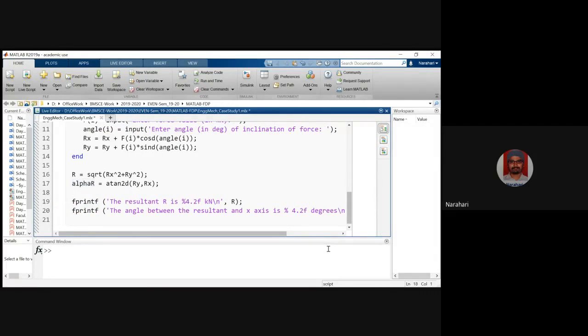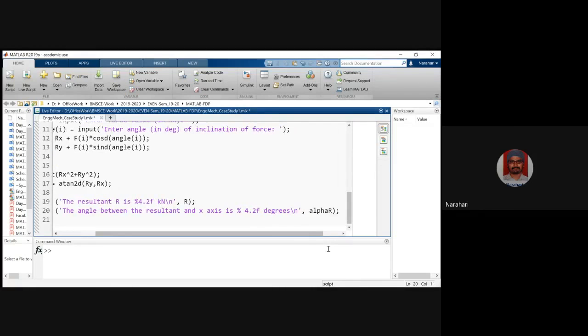This is the same printf, but used with a prefix f, because MATLAB can print to a file as well. And these are all format specifiers. I'm not going to deal with this too much because we will lose time. We have seen in C programming that it tells the format of the output being shown. So this tells us that R will be a floating point value with 4 digits and 2 decimal places. Same thing for this angle as well.